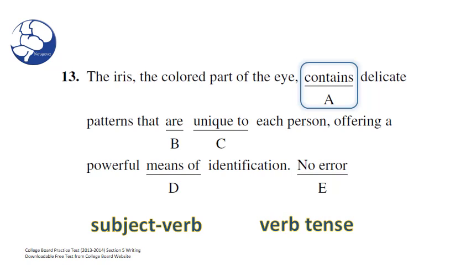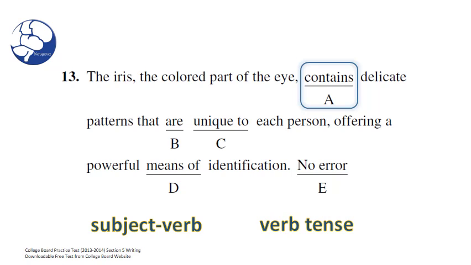So anytime we have a scientific statement, a statement of knowledge, or some type of fact, we want to keep it in the simple present tense. So in this case, the iris contains delicate patterns seems to work. There's nothing wrong with this tense.